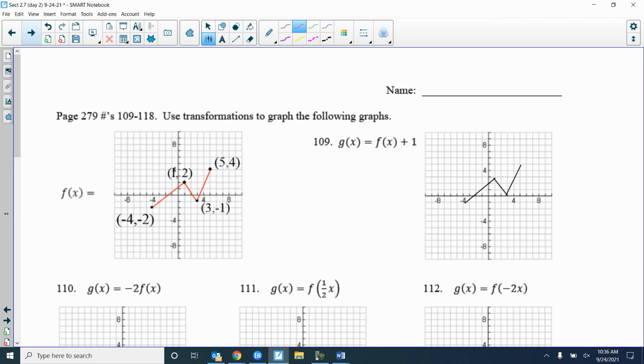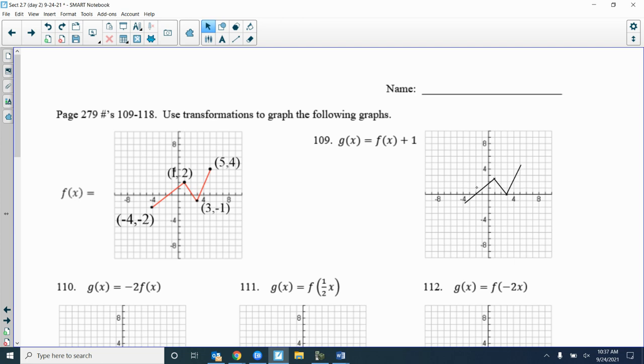In some cases, I might ask you to write the ordered pairs, or if you're asked to, make sure you're able to do that. So -4, -2 moves up to -4, -1.